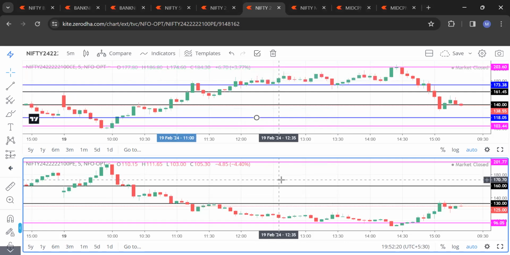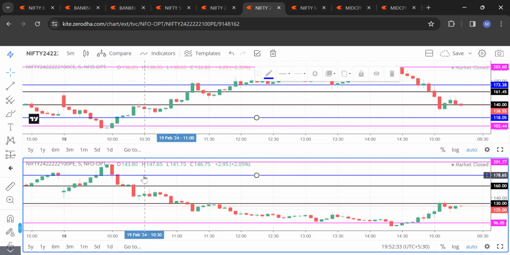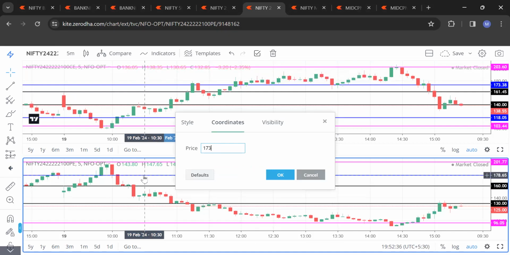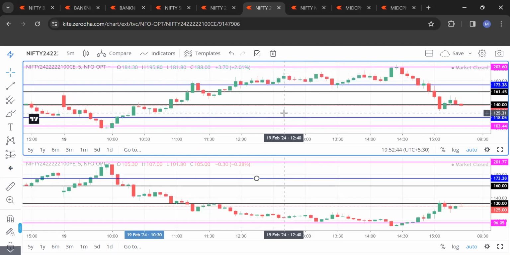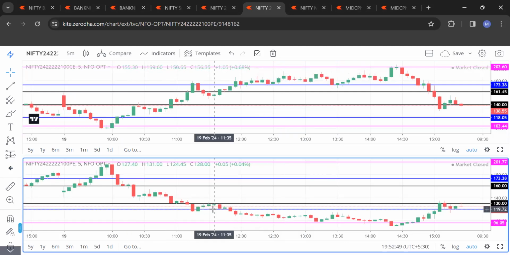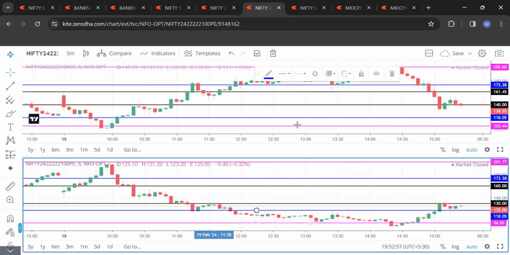The same thing we have to put in the put also. Now what you will do, you will do the same with the put, on 118.05 and 173.38. Okay, simple.